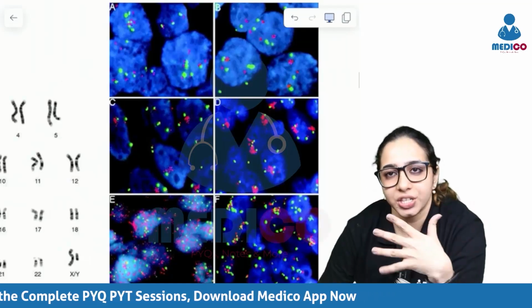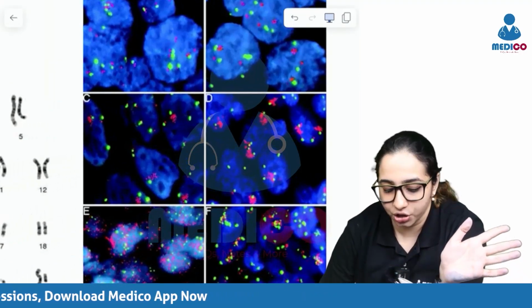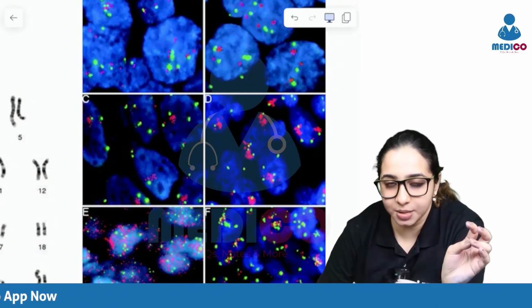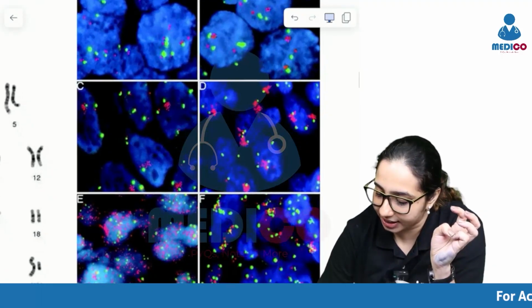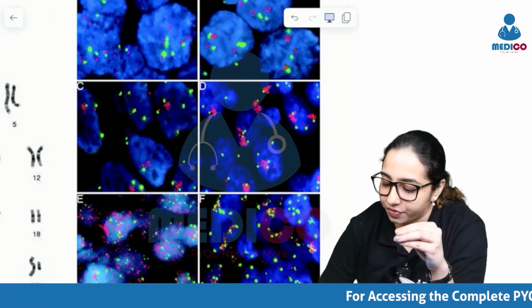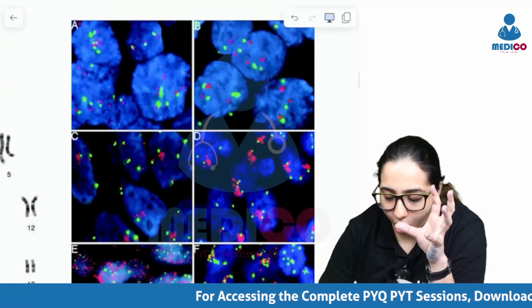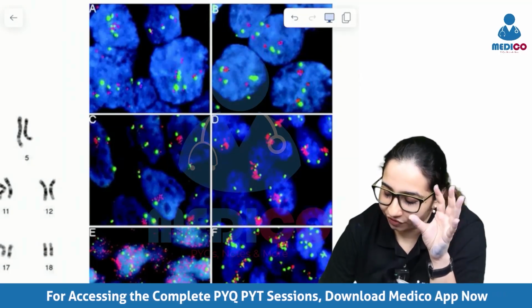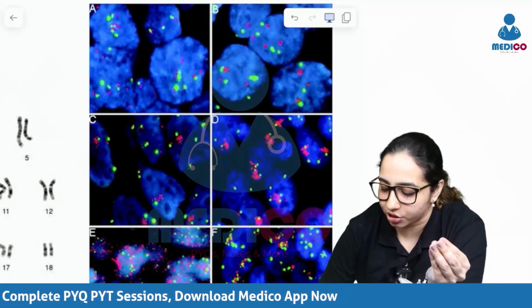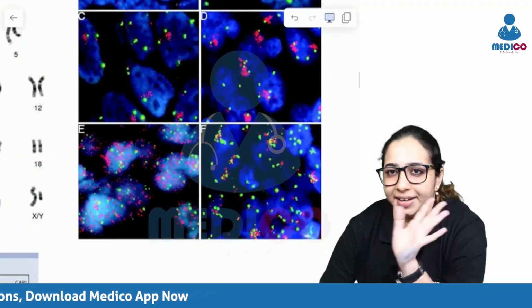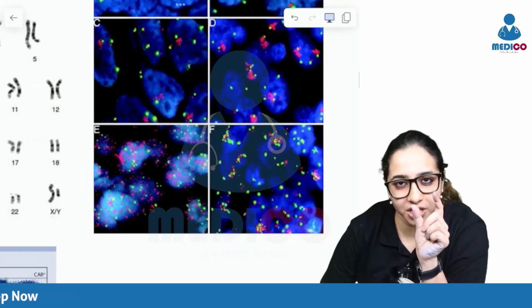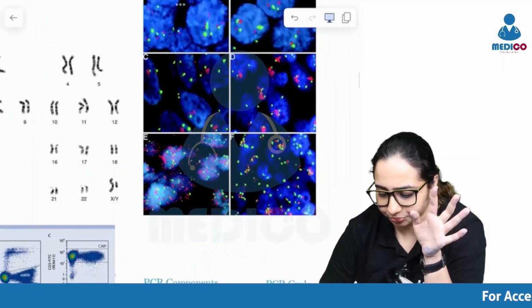This is what is known as FISH. You see images like this, with fluorescent green and fluorescent red, and once we know which probes are used, we will be able to identify whether the translocation is there or not.